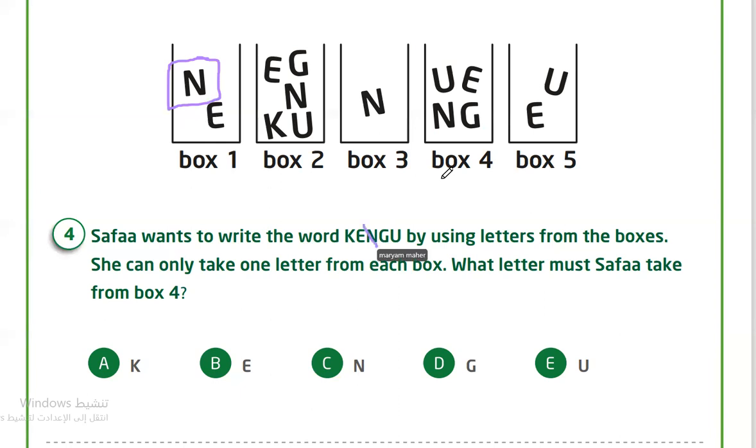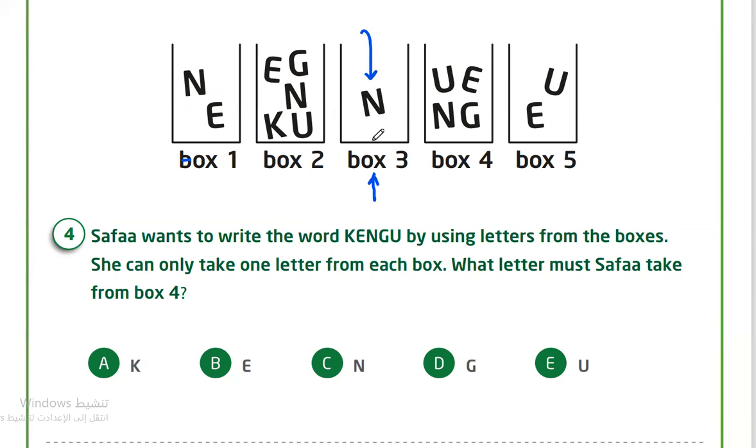Why do you take N here from the first box? Because in the other one, E. No, please pay attention, Mariam. Here you must take the letter that has the least letters in its box. So you must start with box number 3, because box number 3 only has one letter, right?